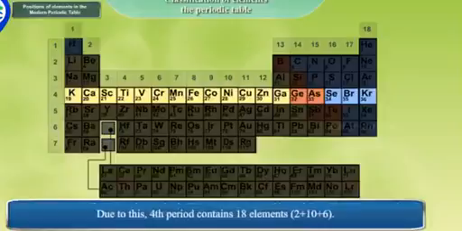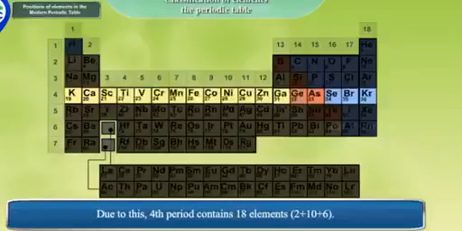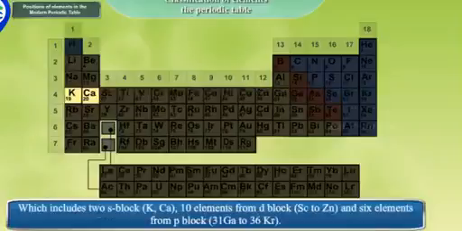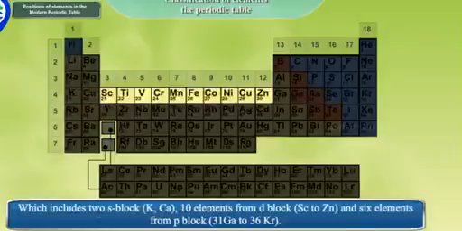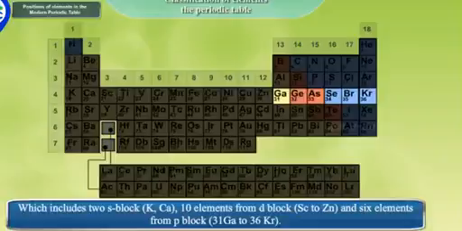Due to this, the fourth period contains 18 elements, that is 2 plus 10 plus 6, which includes 2 s-block elements, K and Ca, 10 elements from the d-block, Sc to Zn, and 6 elements from the p-block, 31Ga to 36Kr.